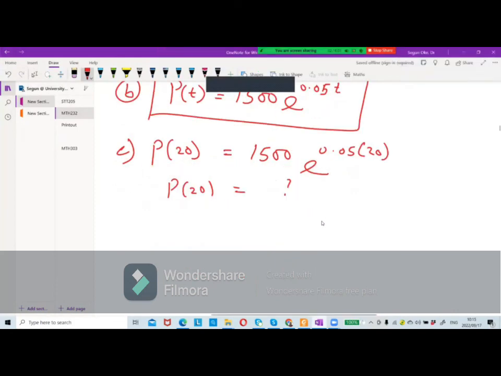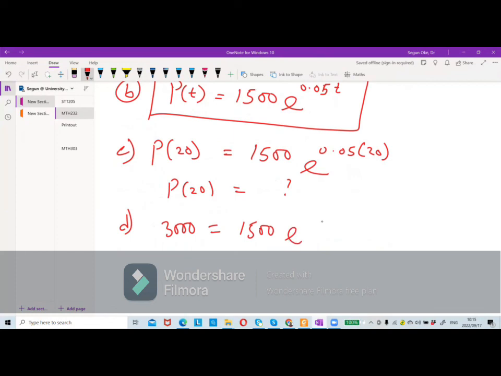Okay. So when they ask you how long it will take to double the population, it simply means you remember that our initial is 1.5. So if the initial is 1.5, I can double it by making it 3,000, to be equal to 1,500 exponential 0.05t. It's the t that I'm looking for.